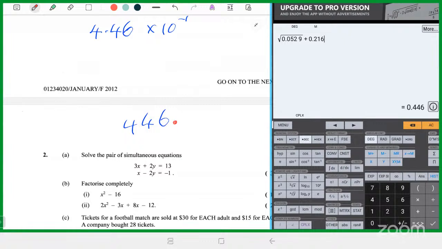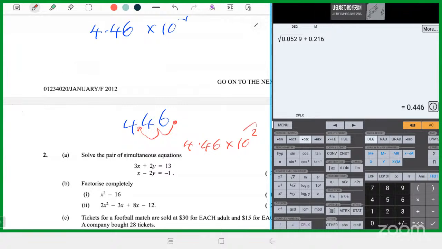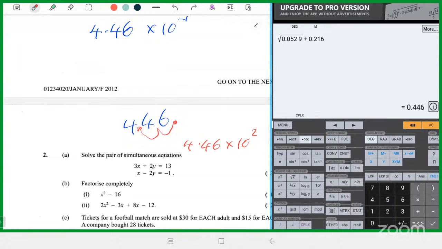If we move the decimal point 2 places to get it where I want it, 1, 2, the number becomes 4.46. But because the number is a big number, it has to be 10 squared. The number must have a positive power like that. So that must be the answer.